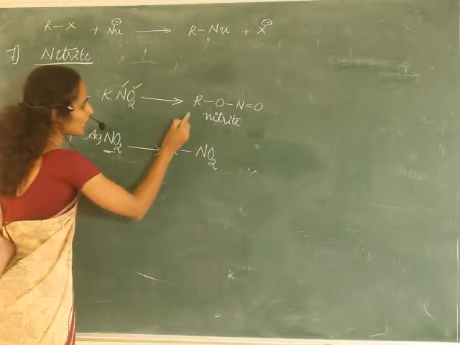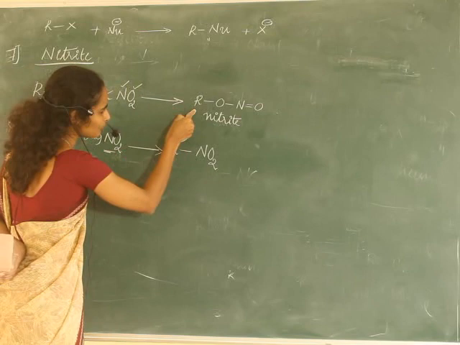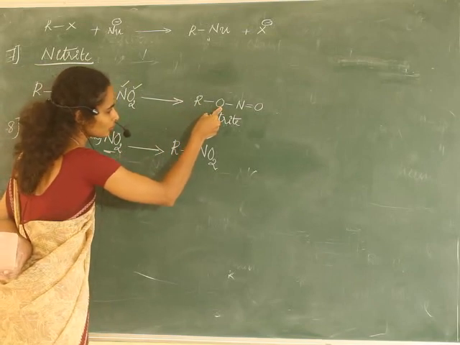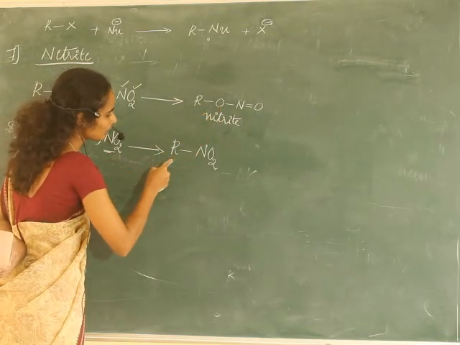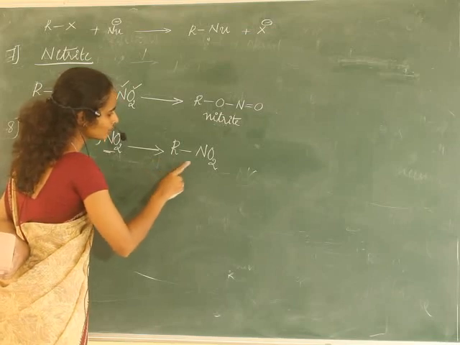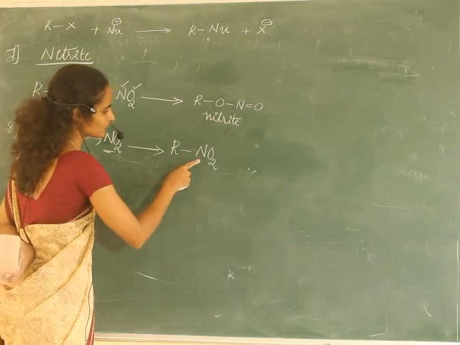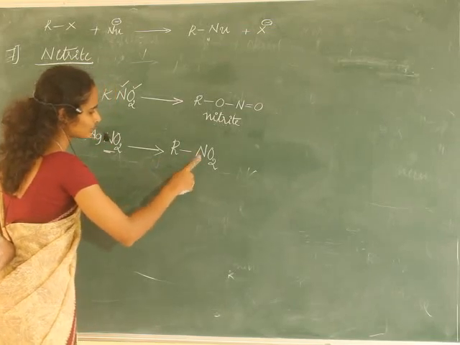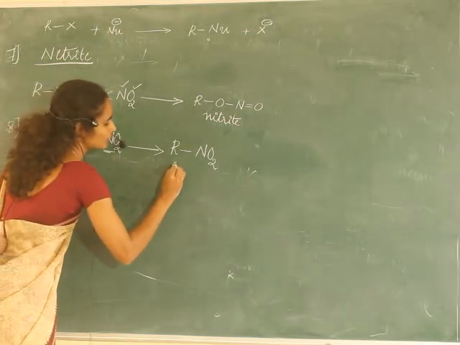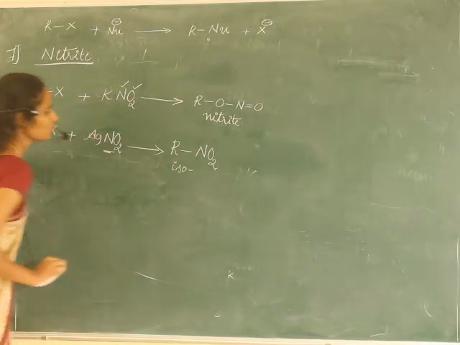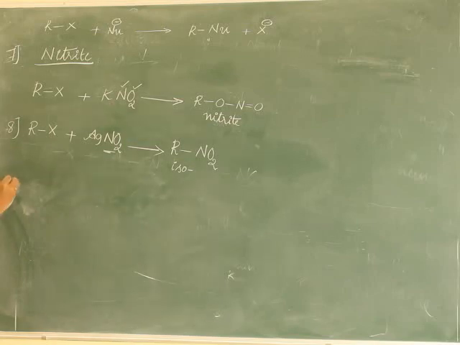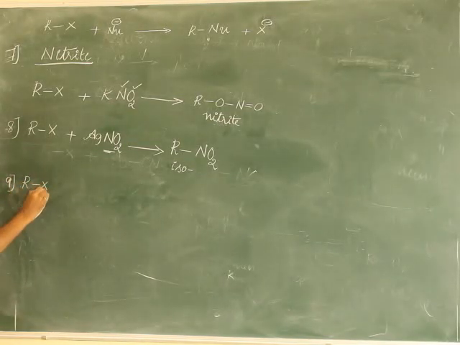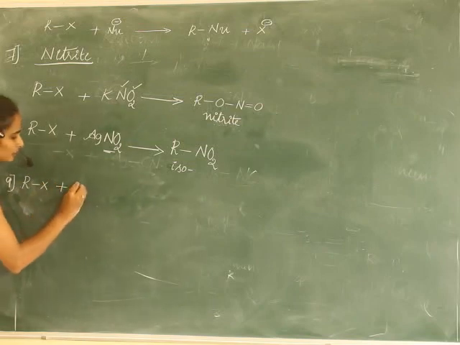See here, carbon and oxygen bond formation takes place in one case, and here carbon and nitrogen bond formation takes place. It is called isonitrite.